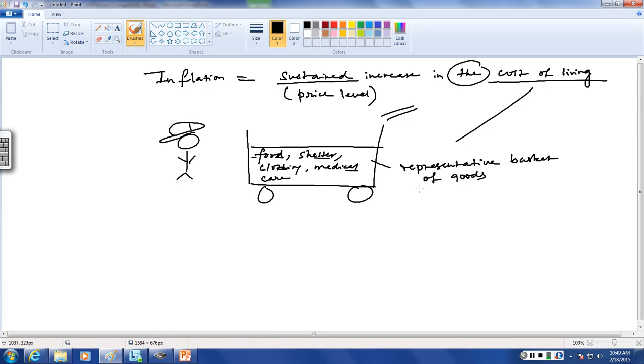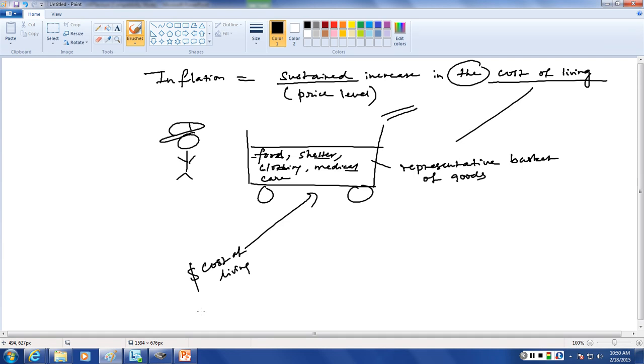And so what is the cost of living? The cost of living is basically the cost of that basket. The dollar cost of buying everything that's in that shopping cart. That is the cost of living. So the US government has in mind an average American and has in mind this basket of goods that the average American lives on.